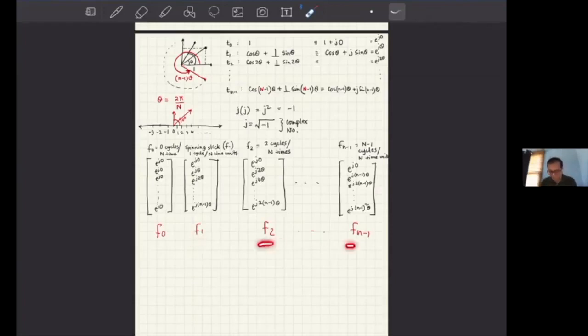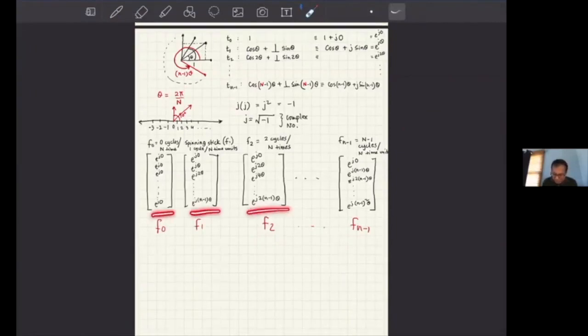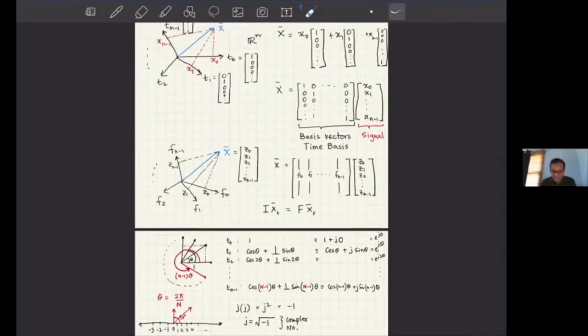You take f2 and f n minus 1, you do a dot product, it's going to be 0. Which means these vectors together can represent an n-dimensional space. And not only that, they are an orthogonal basis for the n-dimensional space. Okay.